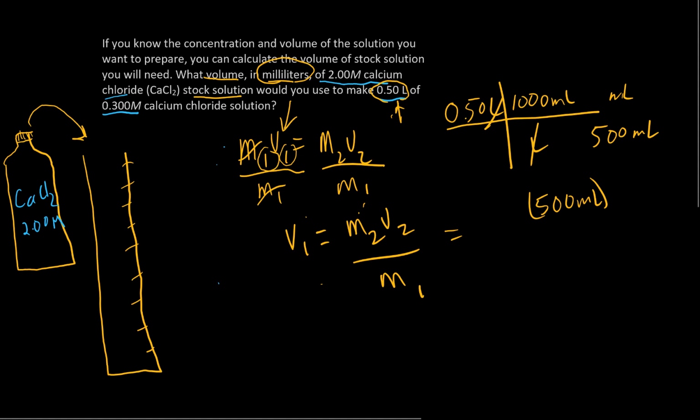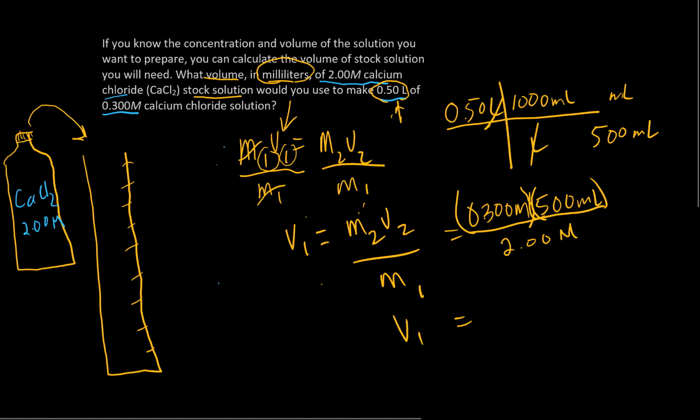Okay, our M2, so that's the molarity of our final solution, is going to be 0.300 M, okay, and we divide that by, put little parentheses around those, we divide that by the concentration of our stock solution, because we've got the 1 next to it. The concentration of the stock solution is 2.00 molar.